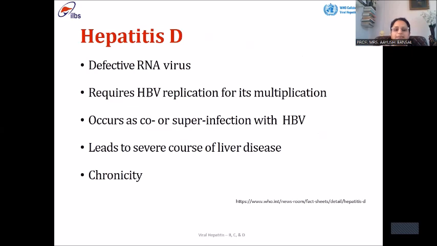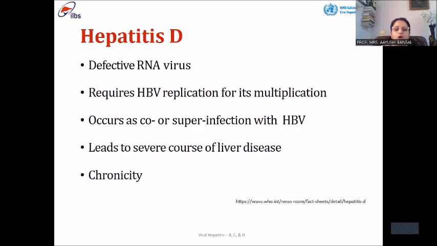To show its impact, it needs the presence of hepatitis B virus, and hepatitis B and hepatitis D together make a deadly combination of a patient with very difficult management. It is very difficult to manage the patient with hepatitis B and hepatitis D. It requires hepatitis B virus replication for its multiplication. It is totally dependent on the hepatitis B virus.